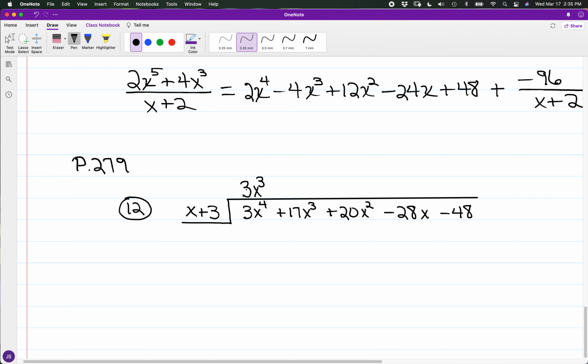Carrying out what we have here, 3x cubed times x is 3x to the fourth, and 3x cubed times 3 is 9x cubed, and this will be placed underneath the 17x cubed.